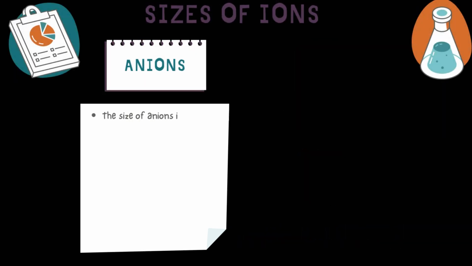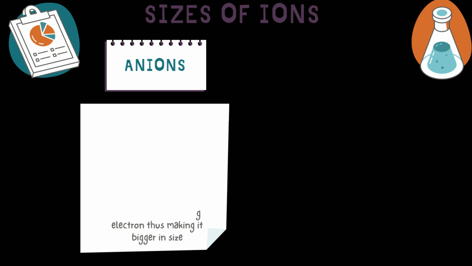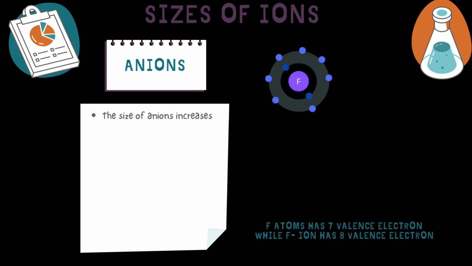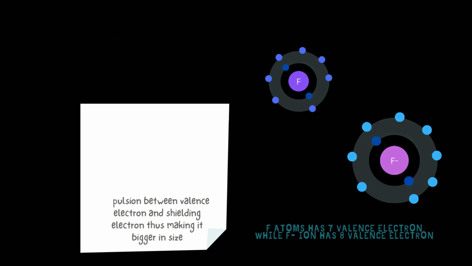For anions, the size of anions increases down the group and they tend to gain electrons. This results in more repulsion between valence electrons and shielding electrons, thus making it bigger in size. As we can see here, a fluorine atom has 7 valence electrons, while a fluorine negative ion has 8 valence electrons.